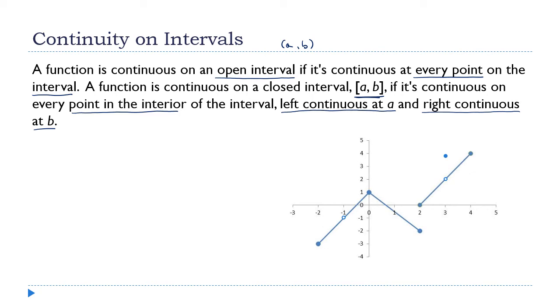So I could say my function here, for example, is continuous on the closed interval from x equals 0 to x equals 2. Because it's left continuous here, it's right continuous here, and it's continuous at every point in between.